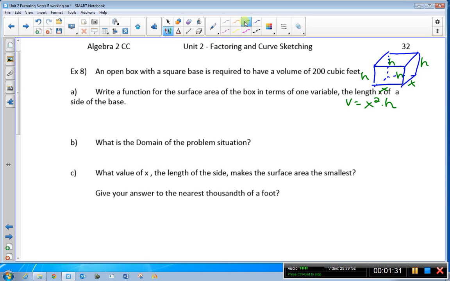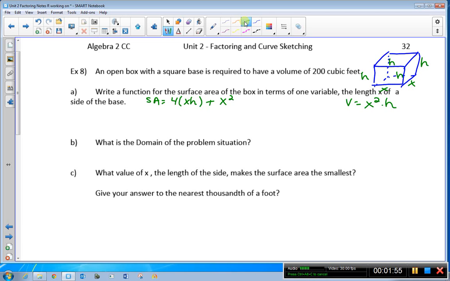The base all the way around is x. So the surface area should equal 4 of the x by h's, because the base is the only thing that's different, but all 4 of the sides are x by h. And then we just need the x squared for the base.